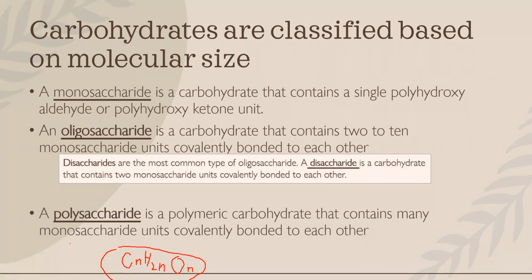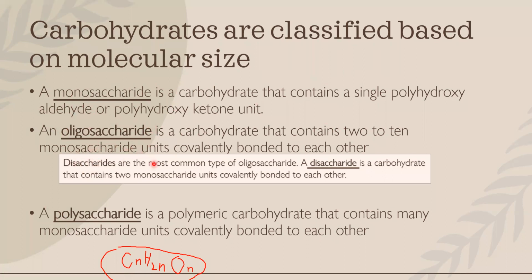Carbohydrates again can be classified according to their molecular size. We have the monosaccharides, oligosaccharides, and polysaccharides. Monosaccharides are carbohydrates which contain a single polyhydroxyaldehyde or polyhydroxyketone unit. Oligosaccharides are carbohydrates which contain 2 up to 10 monosaccharide units. What are disaccharides?